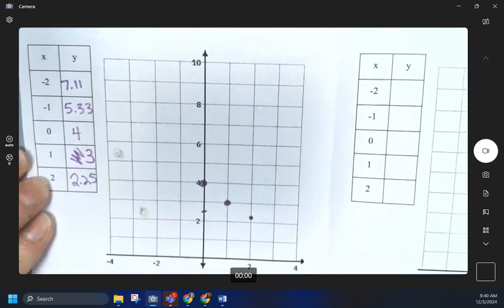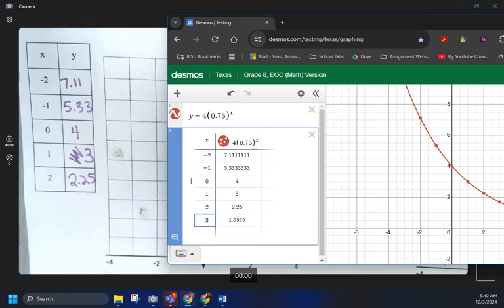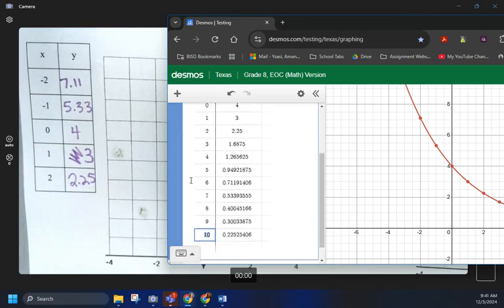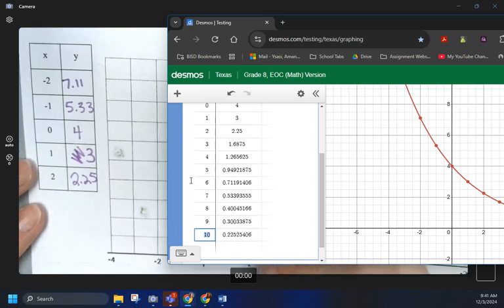I can get some more points on there. You know what we can do is go here and push enter. And it automatically gives me 3, 4. If I keep on hitting enter, it gives me more and more points. It populates it. So it looks like 3 is at 1.68. So it's like that.